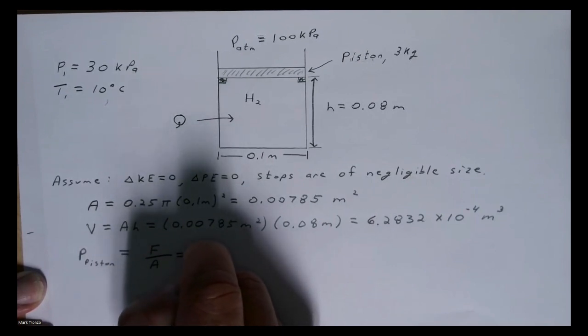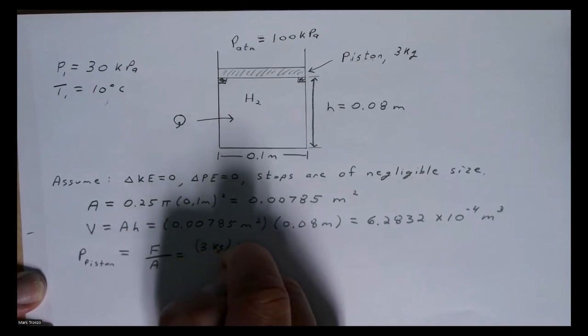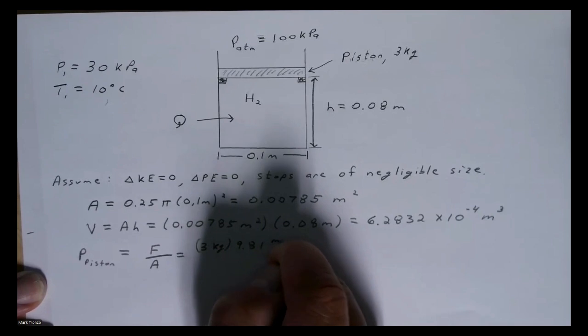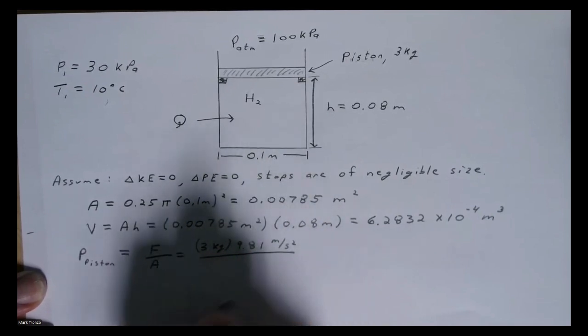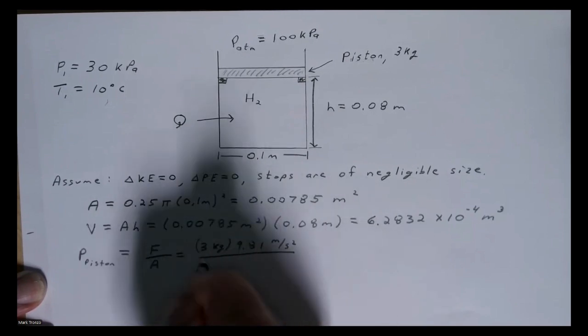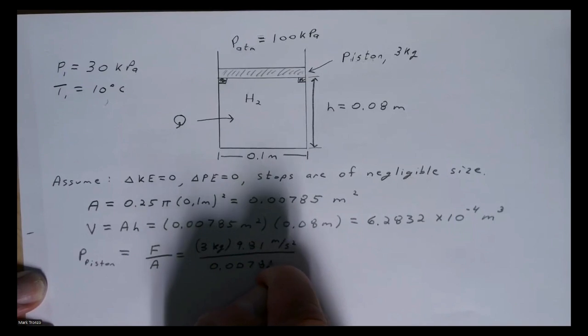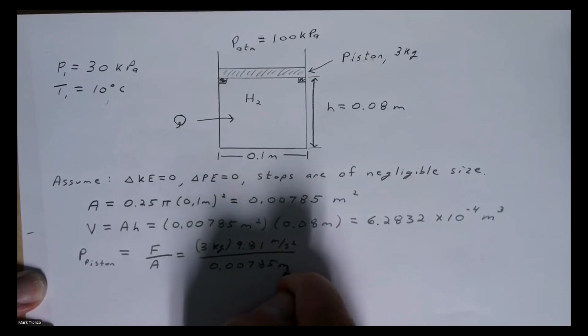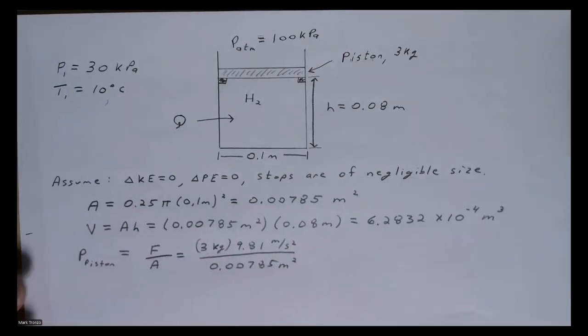And in this case, the force is going to be 3 kilograms times 9.81 meters per second squared. And then the area we found up here, and of course, kilogram meters per second squared, that's newtons.